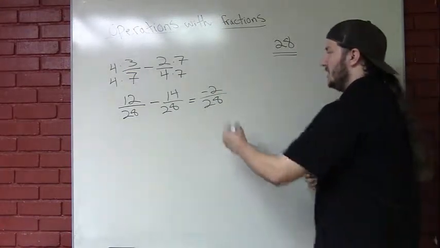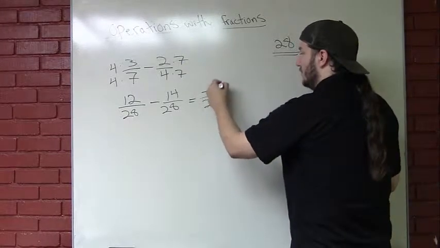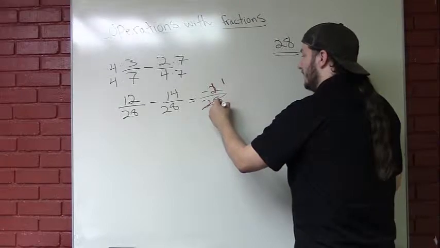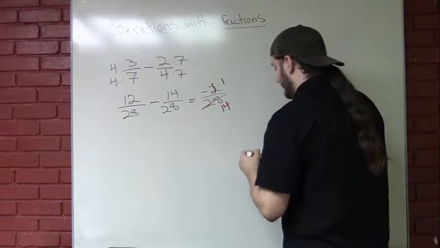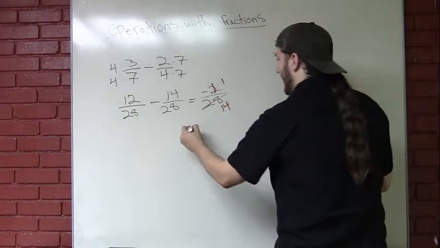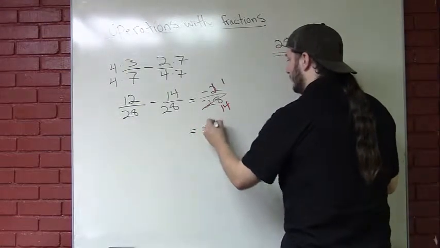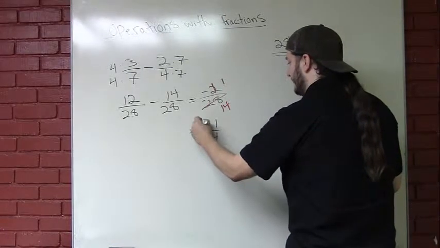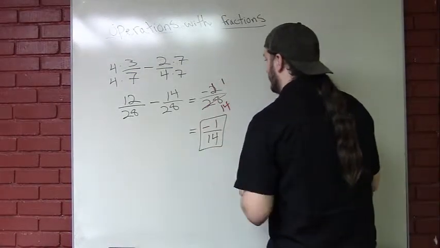In this case, 2 goes into 2 once, 2 goes into 28 14 times. So yes, it could reduce. And you're left with negative 1 divided by 14. And that is your answer.